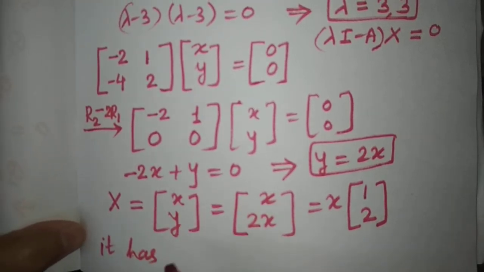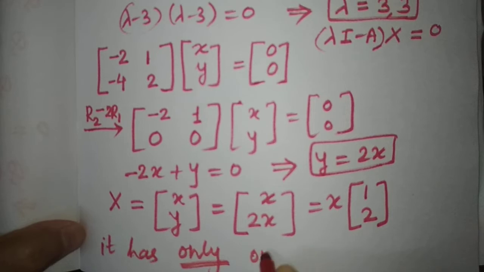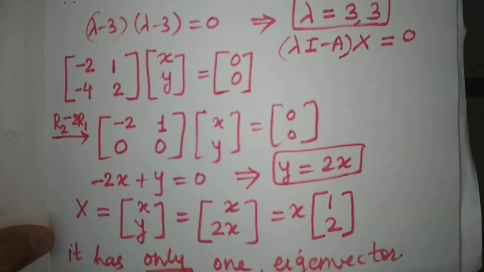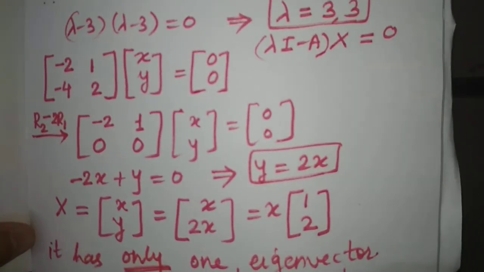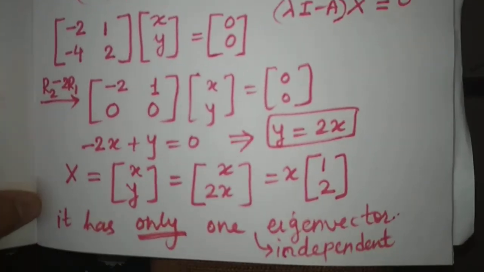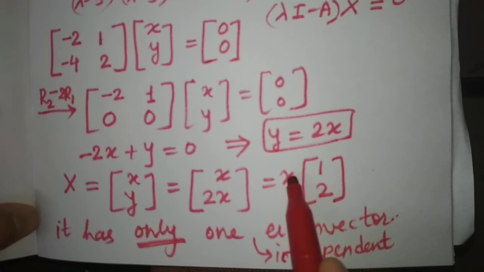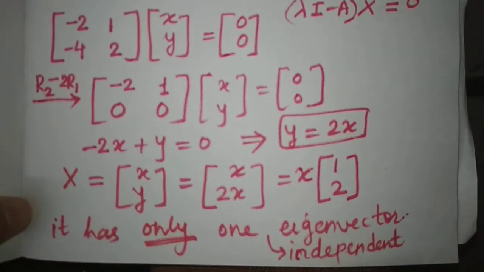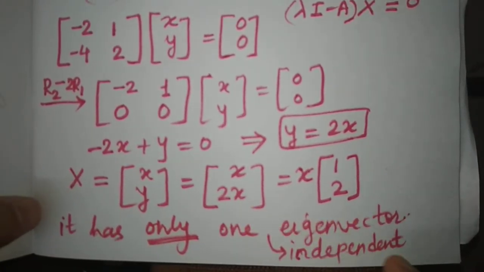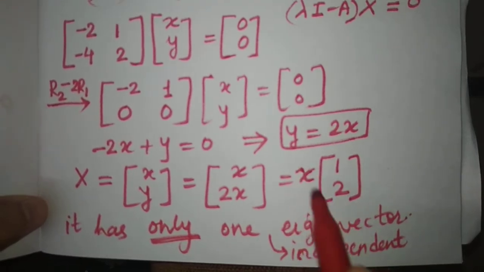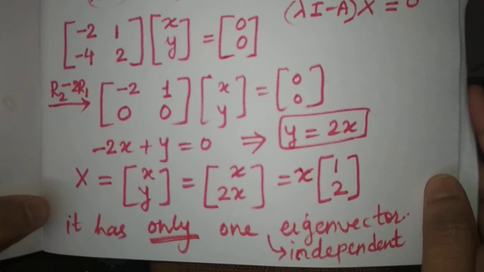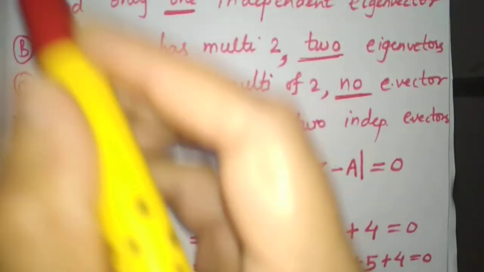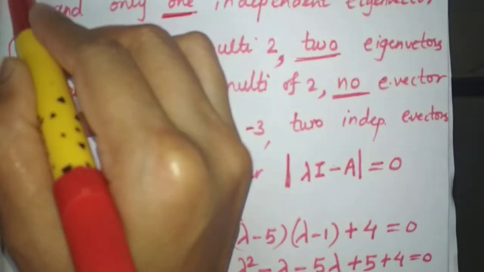So it has only one independent eigenvector. It has so many eigenvectors, namely the scalar multiples of the given vector, but the linearly independent eigenvector is just one, because these are all linear combinations of 1, 2. So it has only one independent eigenvector and the multiplicity of 3 is 2. So the option is A, and this is the correct option.